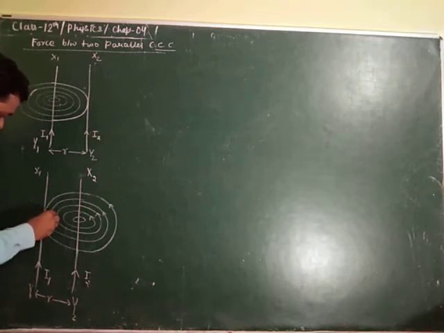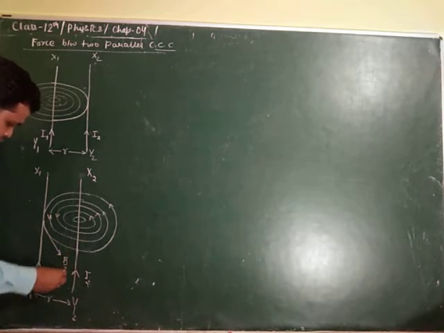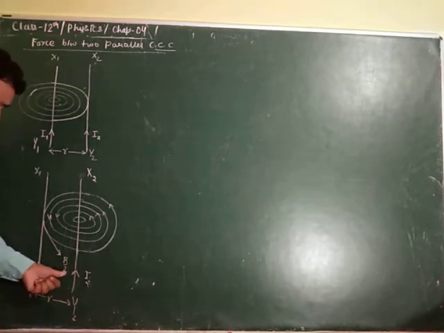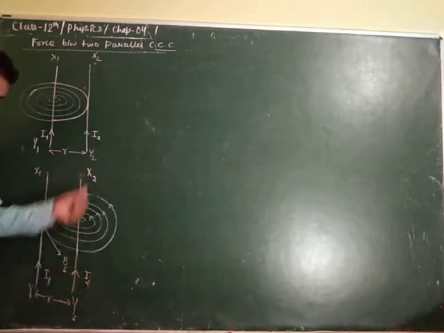So here the tangential magnetic field, this is the magnetic field B2, the magnetic field produced by the current I2 when passing through x2, y2.